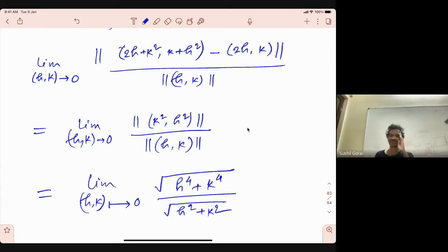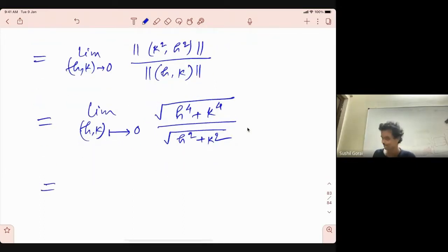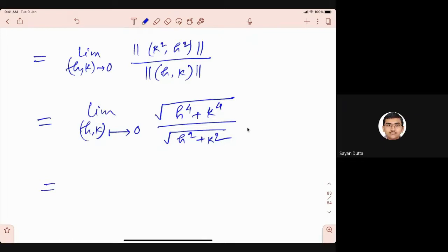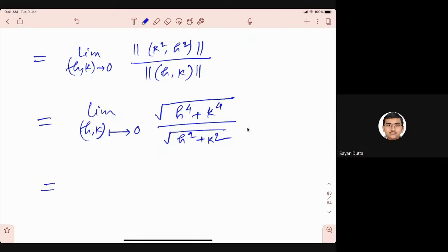What will be the limit of this? 0. The numerator is in some sense proportional to root of x to the power 4, so around order 2, and the denominator is root of x square, so around order 1. The numerator goes faster to 0 than the denominator.